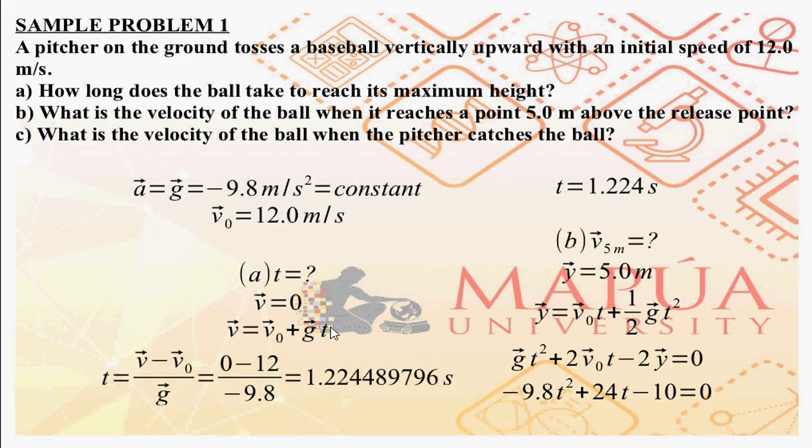The only unknown is the time of travel, the time it takes to reduce the velocity from 12 meters per second to 0, whereupon the object has reached the maximum height, so t is also the time for maximum height. Isolating the variable t, we are able to calculate the time for maximum height: 1.224 seconds.